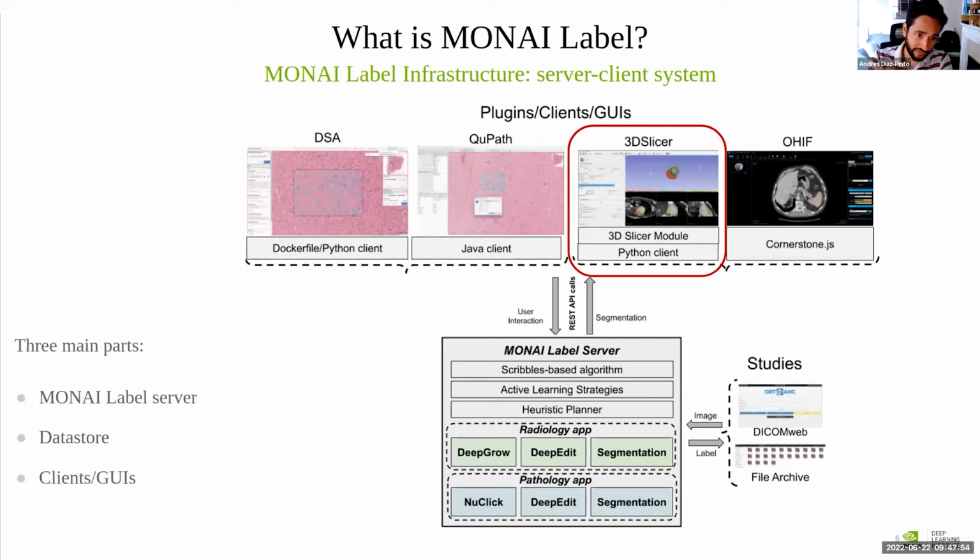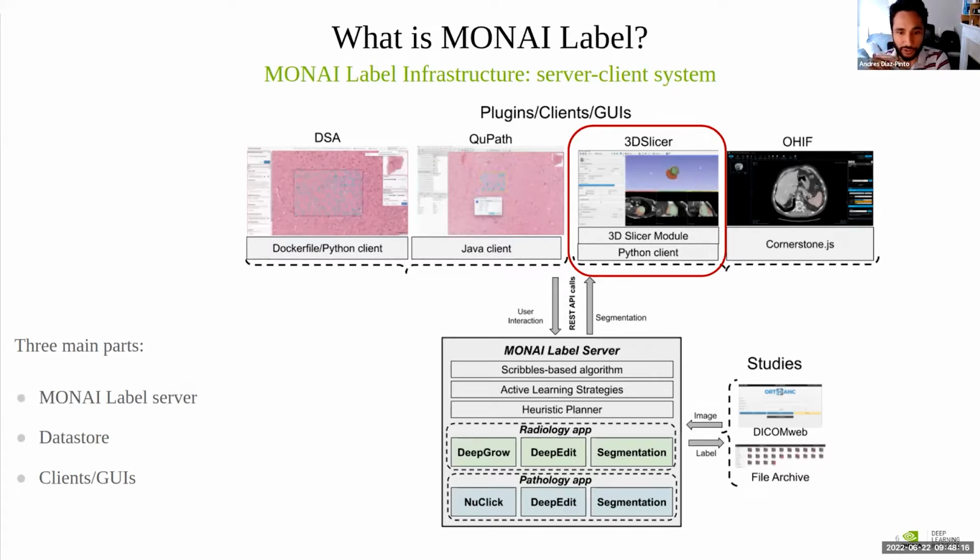In the server, we also have the models for the pathology app: NuClick, DeepEdit for nuclei segmentation, and the segmentation model for nuclei segmentation. But we are not going to use those for this workshop.